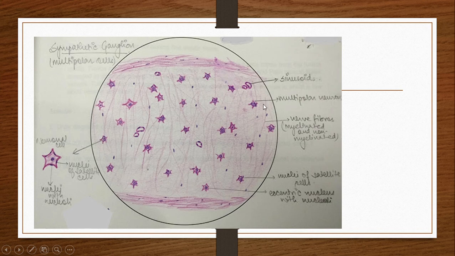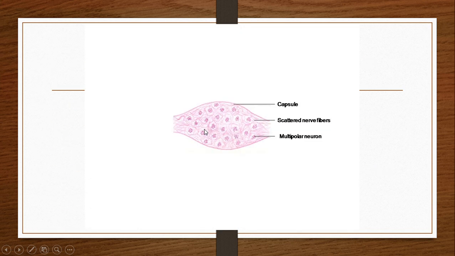So these are multipolar neurons. Myelinated or non-myelinated nerve fibers can be seen in between the cell bodies, and there are satellite cells, fewer in relation to each neuron, and an eccentric nucleus with nucleoli.